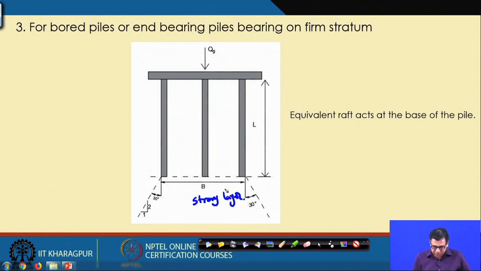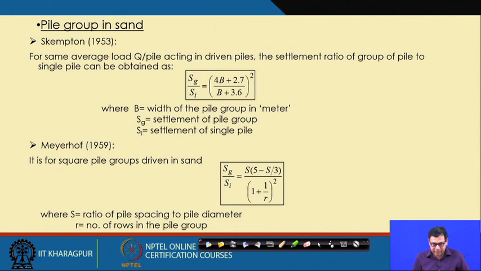Okay. So, these are the settlements for the clay, and similarly we can calculate the settlement for the pile group in sand also. This is the settlement of a group pile and the settlement of an individual pile, and this is the expression proposed by Skempton, and this is the expression proposed by Meyerhof.